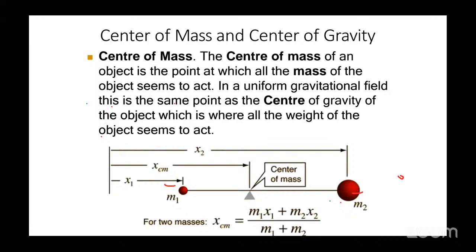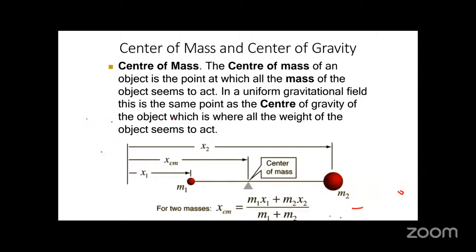So it has a general formula. For instance, if we have two masses, the formula for the center of mass is the mass of the first object multiplied by the distance of the object from the origin, plus the mass of the second object times the distance of the second object from the origin.